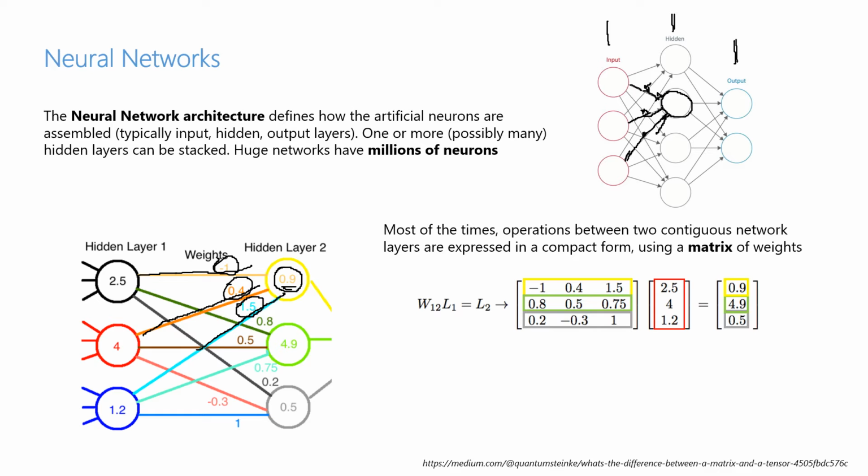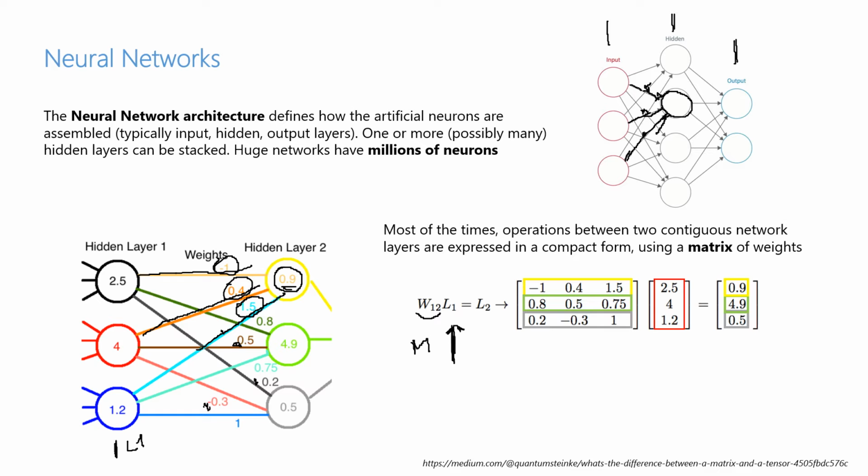What we see here on the right is totally equivalent. We have layer 1, which are the values that we see here, and this layer 1 gets multiplied by a matrix of weights. The matrix of weights is just all the values that we have here on the arrows, organized in the proper way.